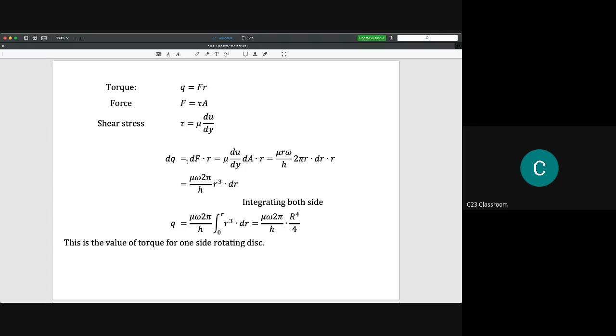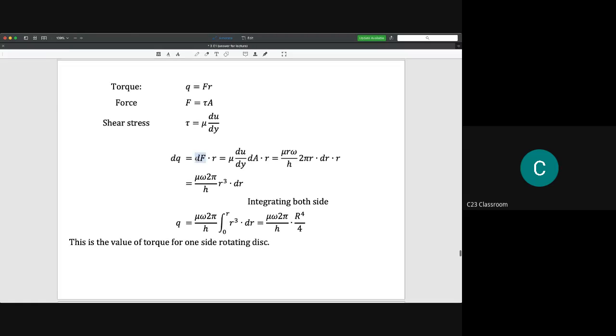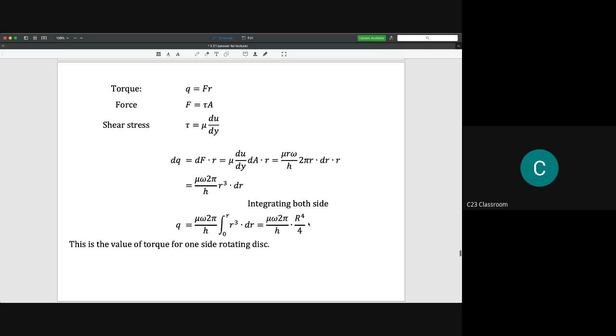So you start with dQ equals dF times r, and then you substitute the value of F with tau A, and then you substitute the value of tau with mu du dy, and then you could solve it, integrating both sides, and you could get this equation. We discussed this in the notes, so I explain it a little bit shorter here.